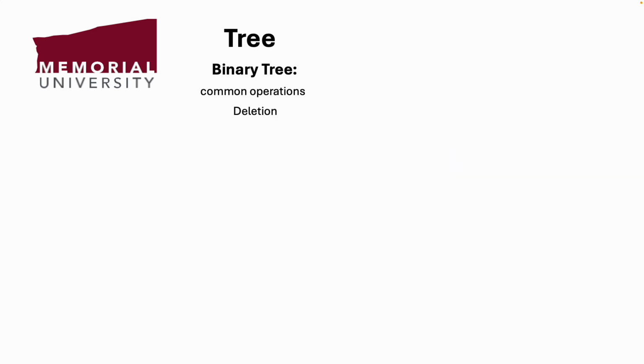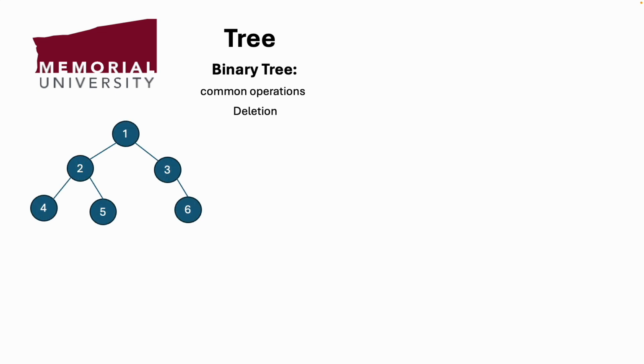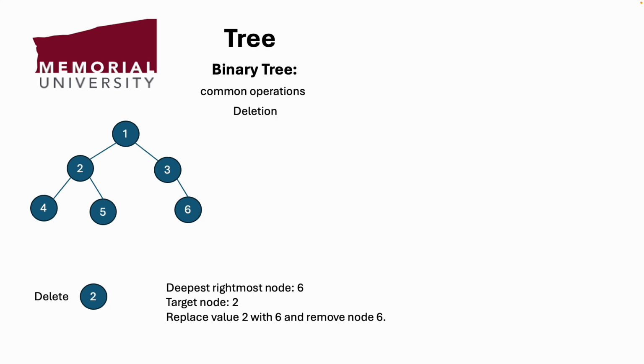Okay, let's look at a little bit more complete example, for example this tree. If we want to delete node 2, this one, let's apply the strategy step by step to this tree. First, let's find the deepest rightmost node.